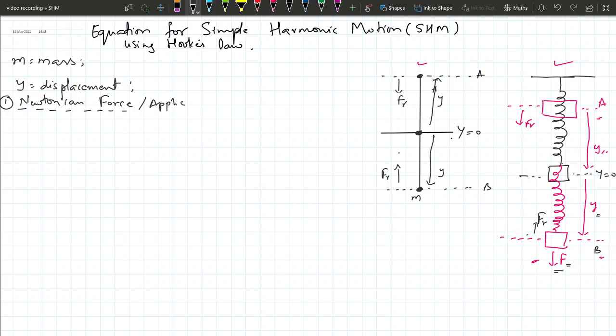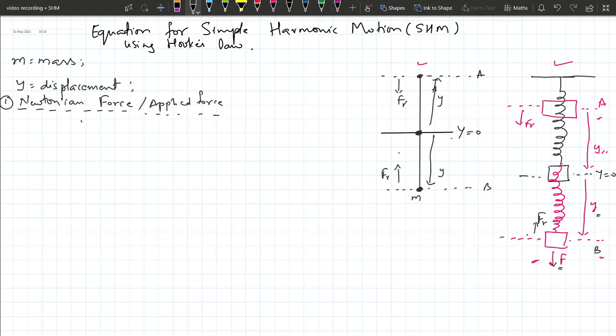If you look at the diagram, this is the force that you have applied, F, which is acting in the downward direction. Therefore the force that is acting on the spring is F due to the application of the force, so I will call it the applied force.